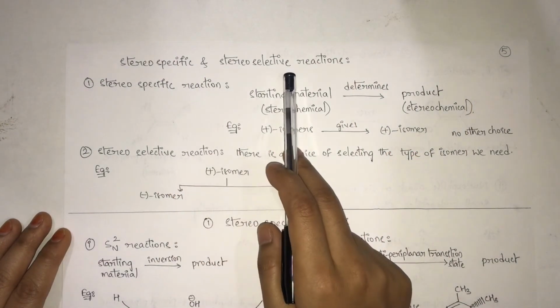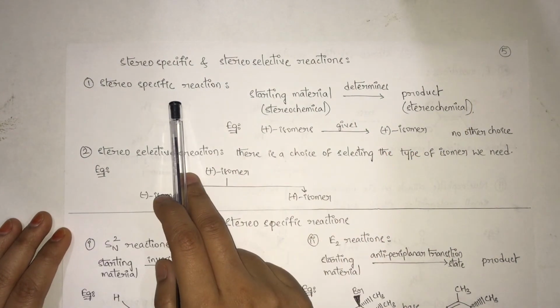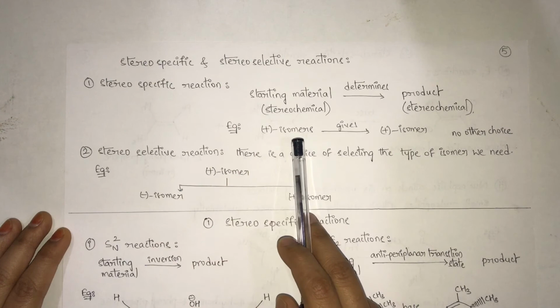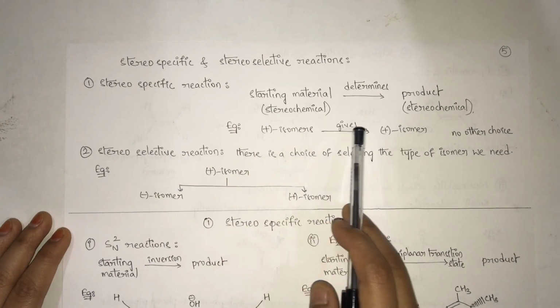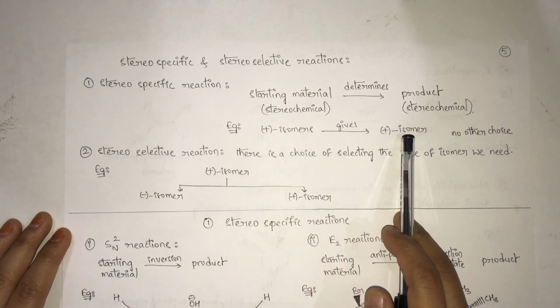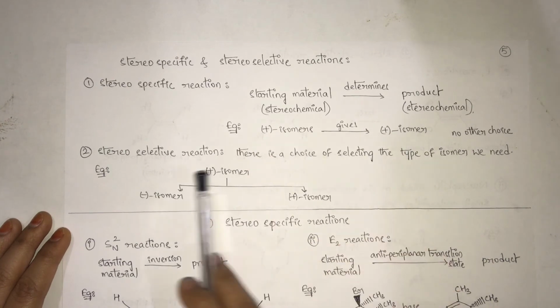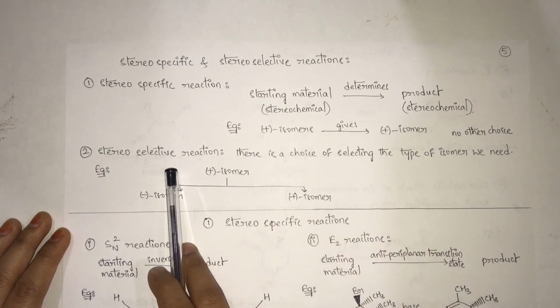Stereospecific and stereoselective reactions. In a stereospecific reaction, we will get a specific isomer. Either it may be plus or minus. So if you are taking a plus isomer, we get a plus isomer, or we may get only a minus isomer. There will be no other choice for the other isomer. Coming to the second one, the stereoselective reaction.